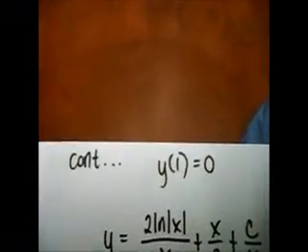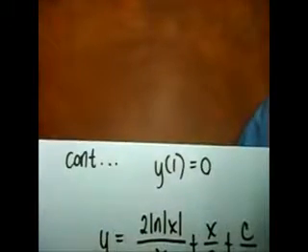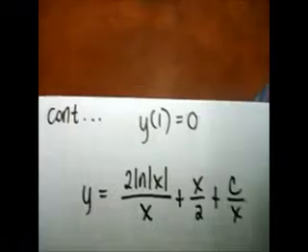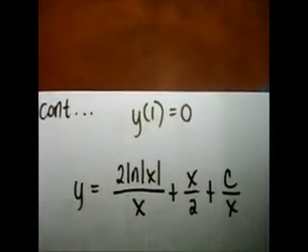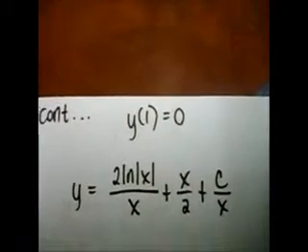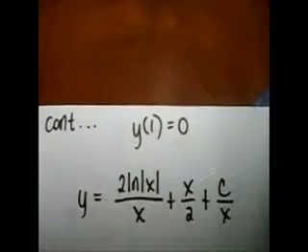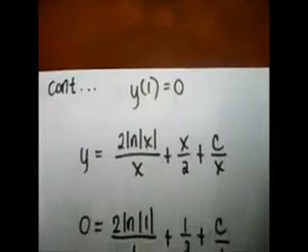To continue, we have the condition y of 1 is equal to 0. So I use this answer, y is equal to 2 ln of x over x plus x over 2 plus c over x. I substitute the values 1 and 0 into our answer.